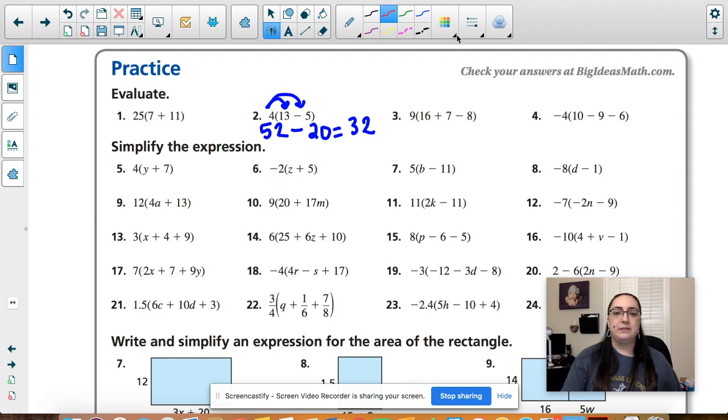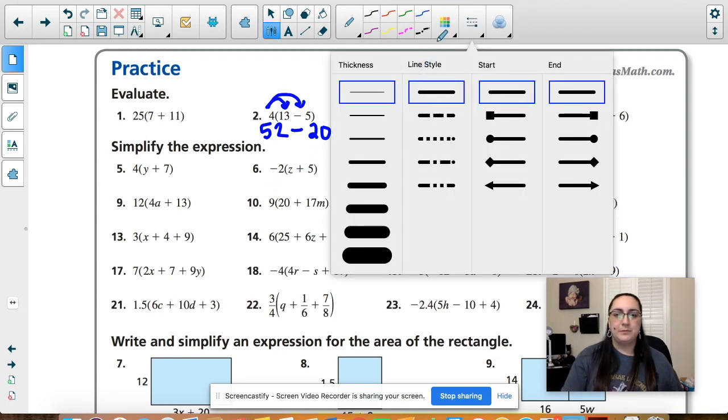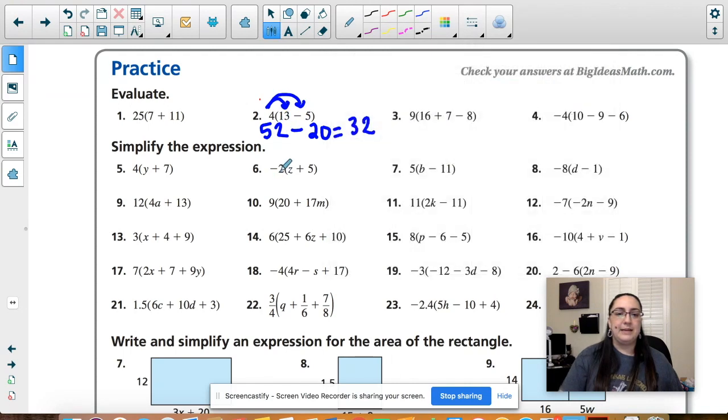If you look at number 6, we end up with negative 2 times z plus 5. So we're going to distribute the negative 2 into each term. Negative 2 times z is negative 2z, and negative 2 times positive 5 is negative 10. Now, we do not have any like terms here.